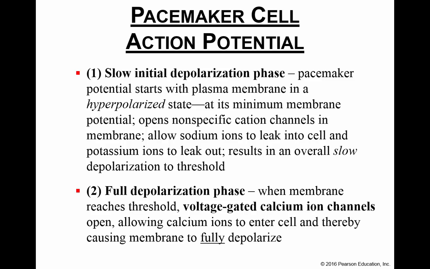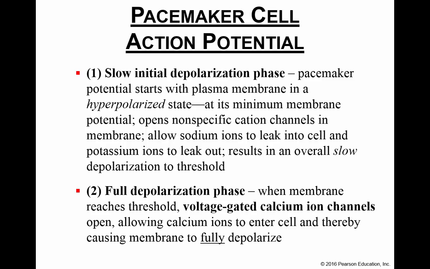They have a slow initial depolarization, and the pacemaker potential starts with the plasma membrane being hyperpolarized. And so that will open these non-specific cation channels in the membrane, and sodium ions can begin to leak into the cell and potassium ions can start to leak out.